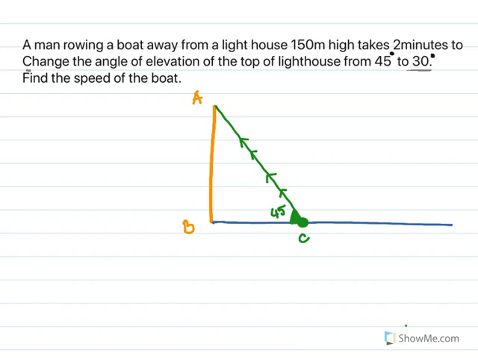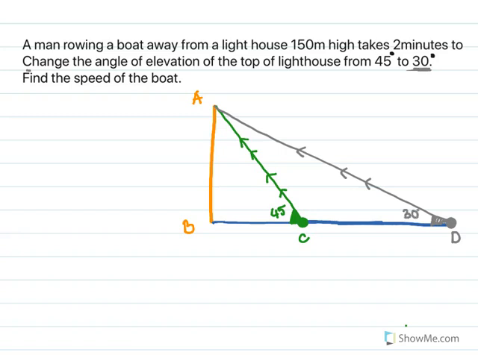Then he sails even further. And from this point, say D, again he looks at the top of the lighthouse and makes an angle of elevation. This time the angle of elevation is 30.